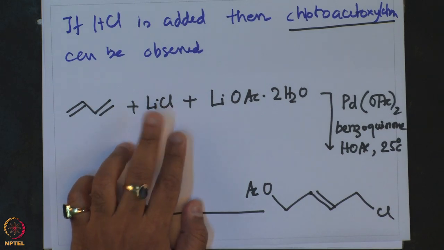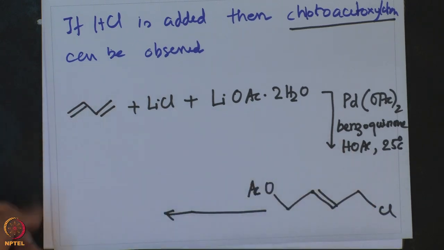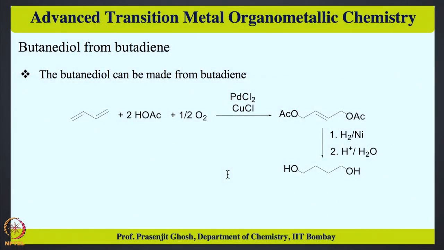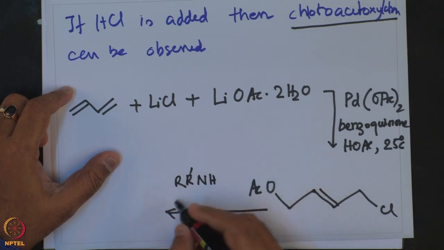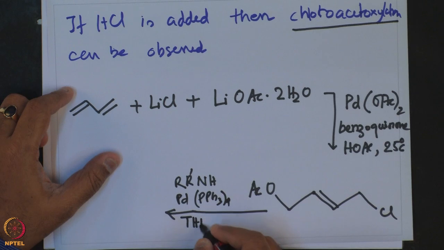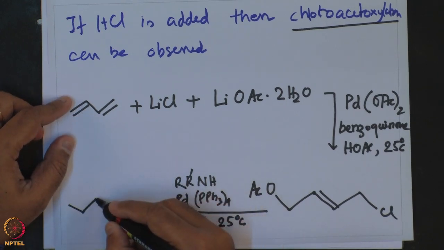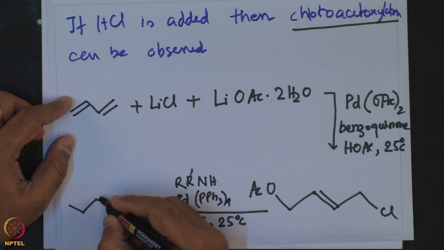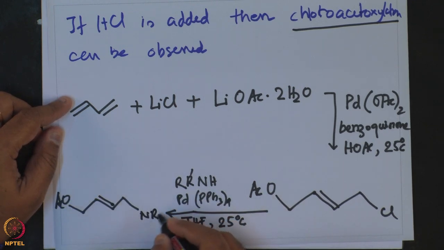The HCl is obtained by treatment of lithium chloride in presence of acetic acid, which will give formation of lithium acetate and HCl, and in that case what one sees is the formation of chloroacetoxylation, which then would be reacted with R dash and H, palladium phosphine, THF, 25 degree centigrade, and in R dash.